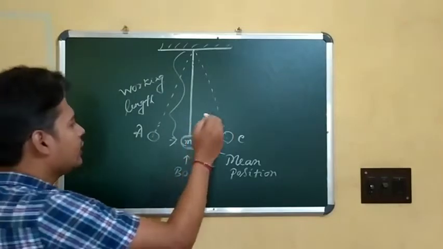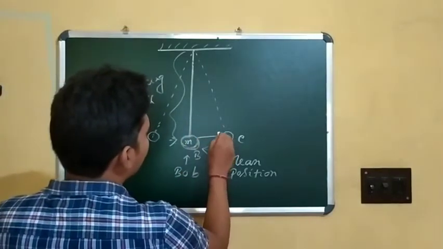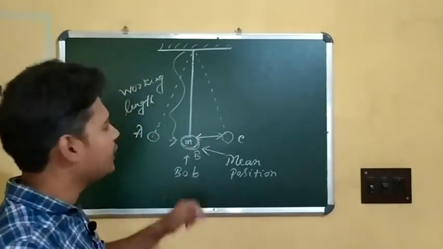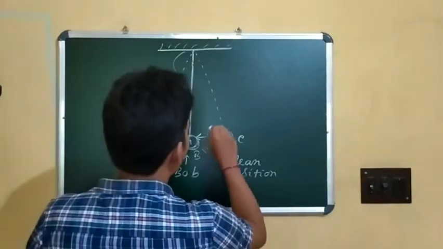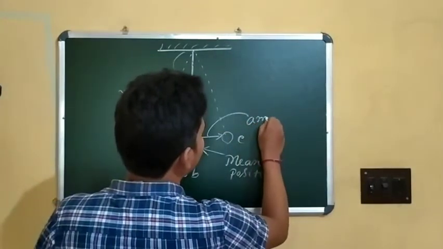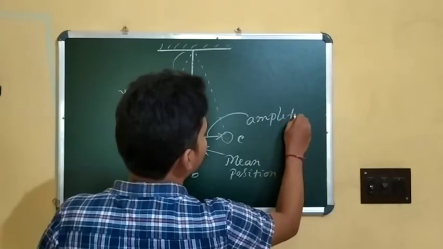In this way the distance from the mean position to one side is called the amplitude.